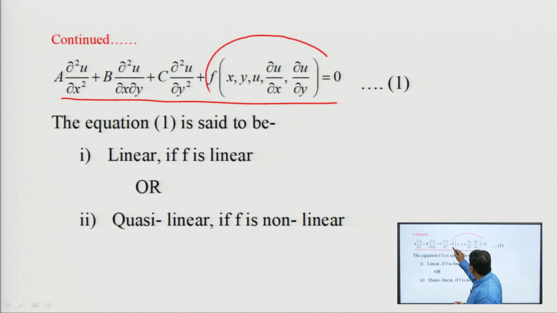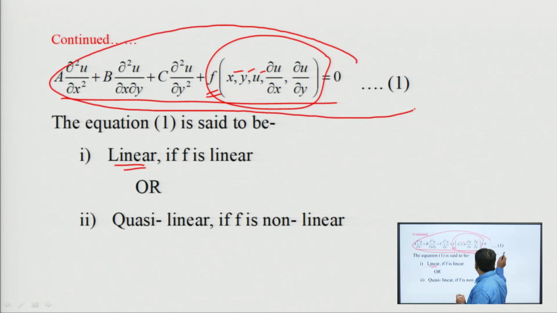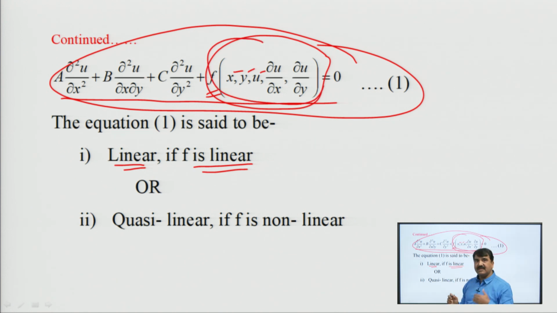Here this is the f in which x, y, u and its derivatives are there. So, if this f is linear, then the whole differential equation is called linear. So, second order differential equation is linear if this f is linear, else non-linear, means if f is not linear, then this differential equation is non-linear, or we can say that this is quasi-linear equation.